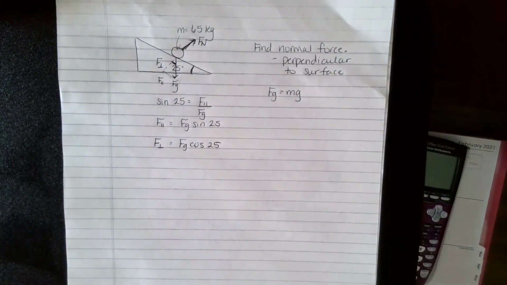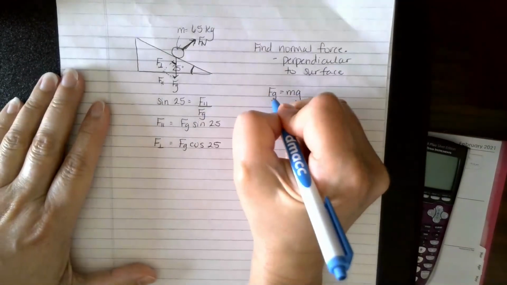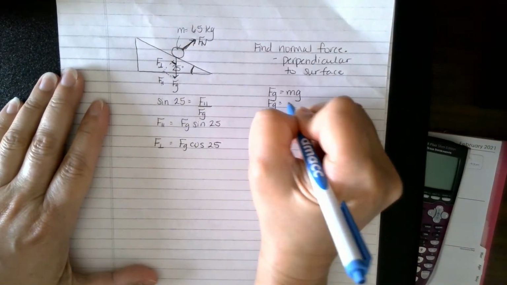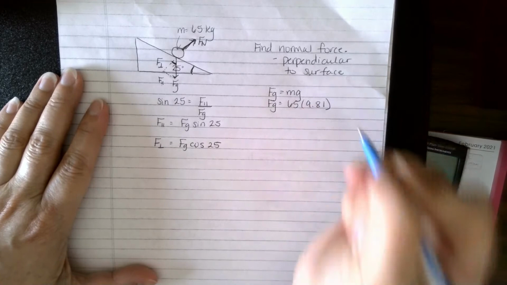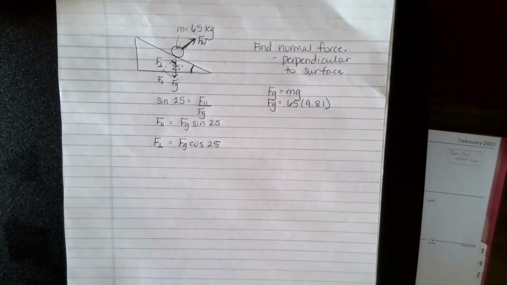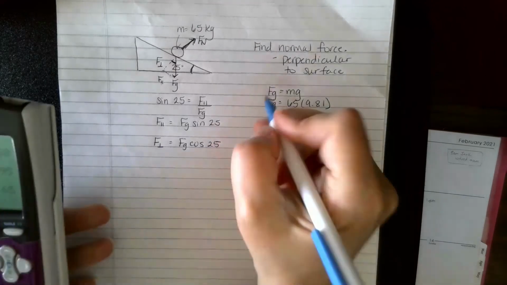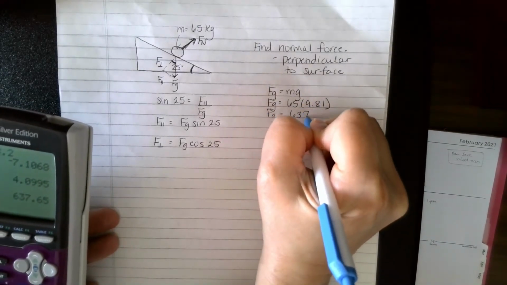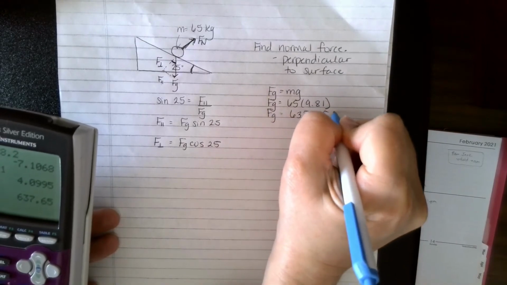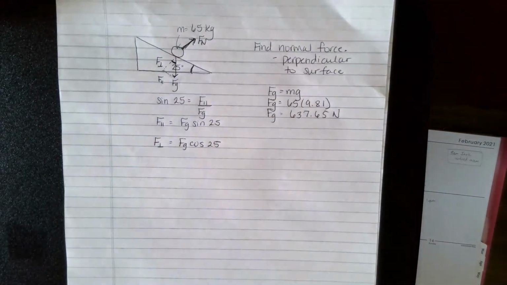So the first thing I'm going to do is find my weight, which is going to be 65 times 9.81. And I'm not going to round it because I'm not done.